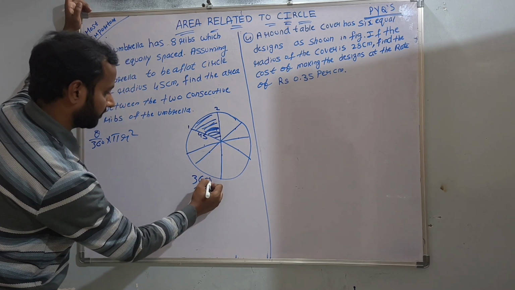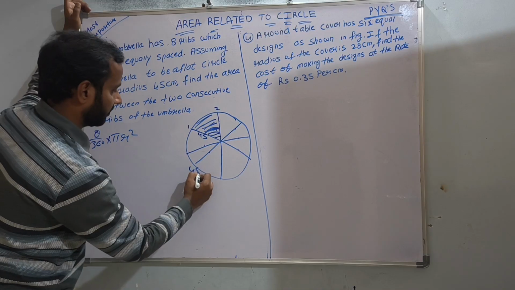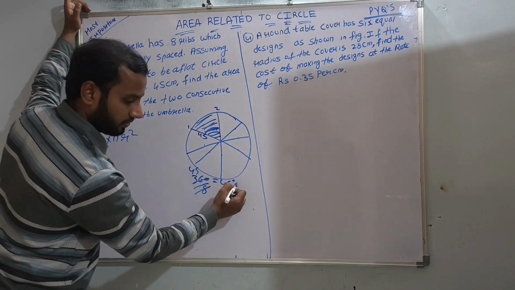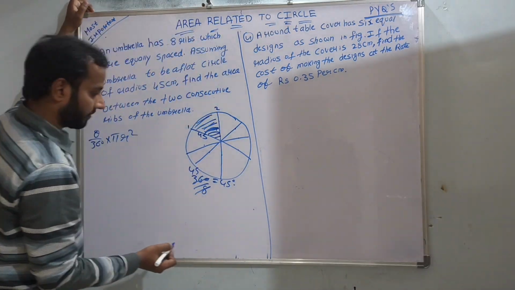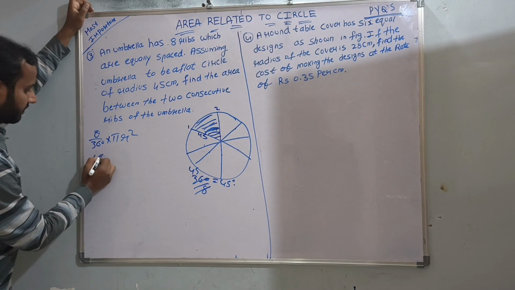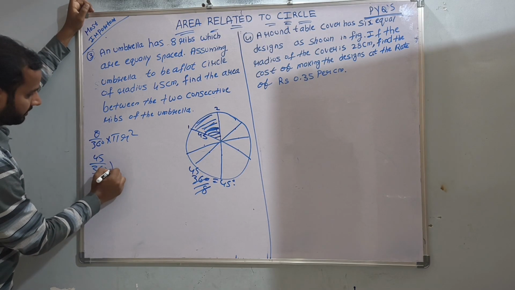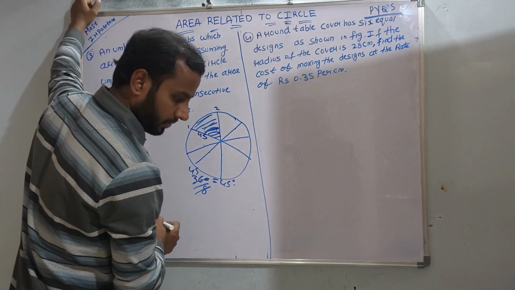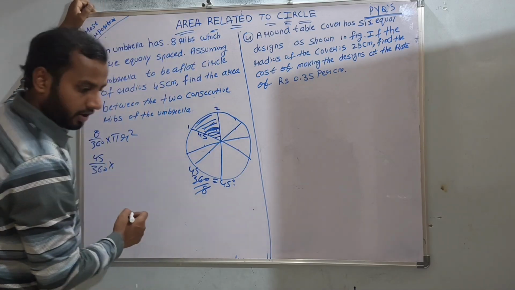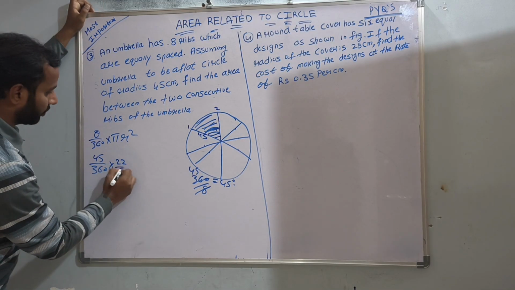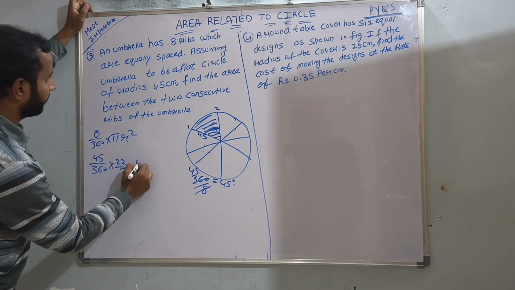That is 45 degrees. Theta is 45 divided by 360. Pi value they have given you; if they have not mentioned it, then make it 22 by 7. Radius is 45.